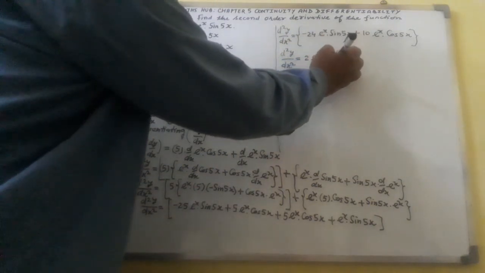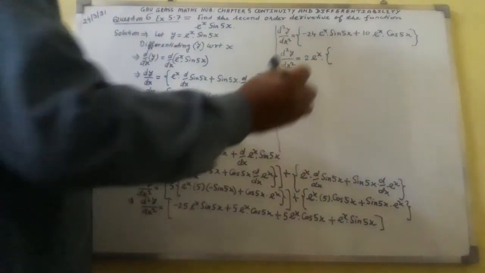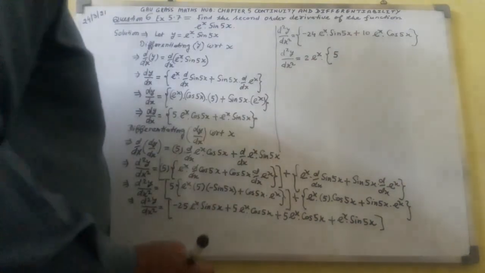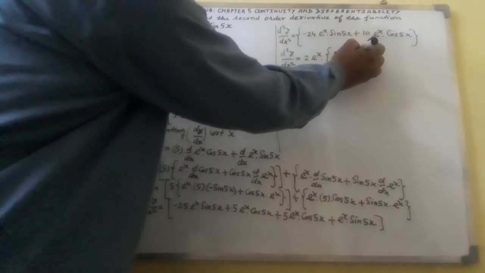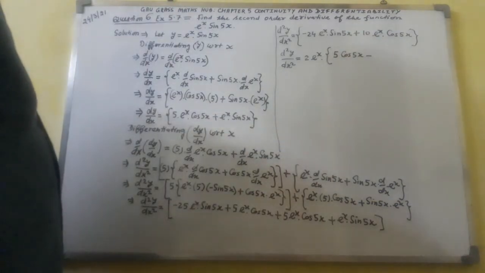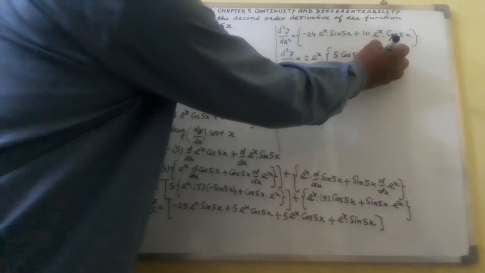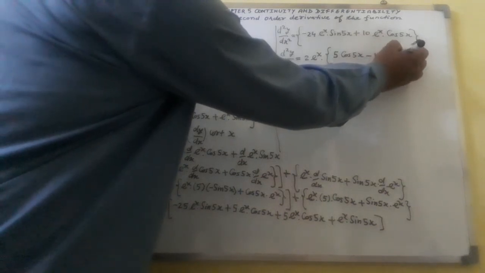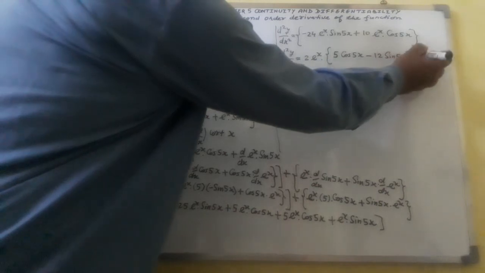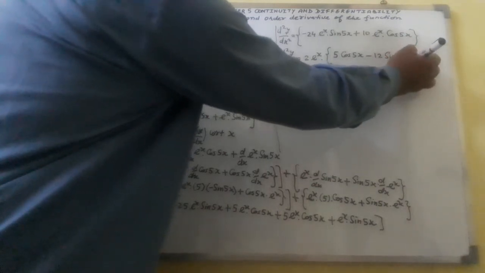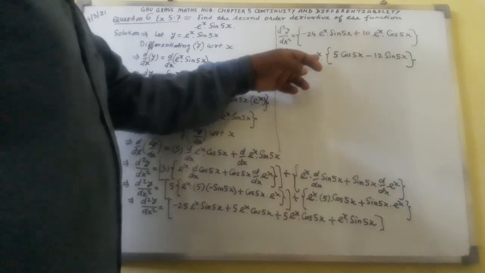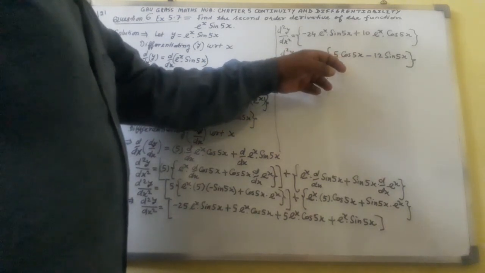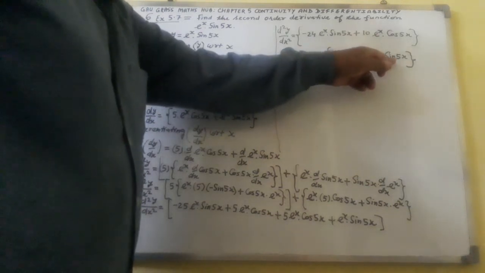So here in bracket I shall write 5 cos 5x minus 12 sin 5x, curly bracket close. d square y over dx square equal to 2 dot e raised to power x dot in curly bracket 5 cos 5x minus 12 sin 5x.